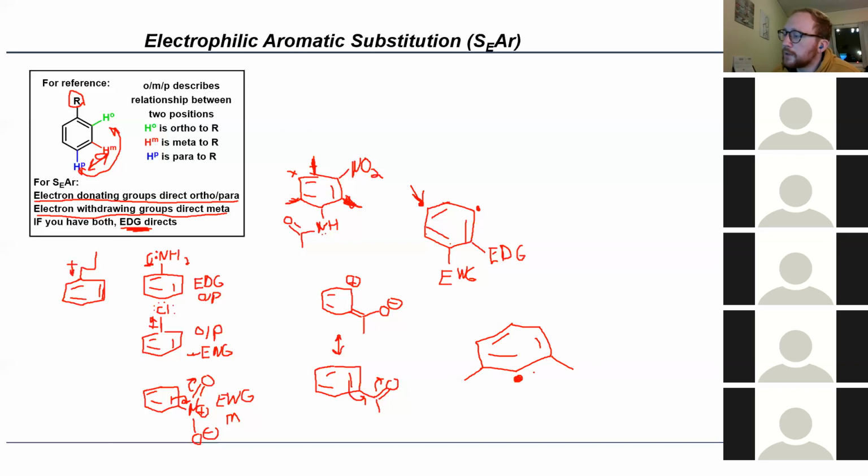For the most part, substitution at these positions is going to be favored because this position is more sterically encumbered. But if you keep forcing it, it will eventually go. It'll prefer to go to these positions, but if those positions are also substituted, then you can start to go to the positions in between.